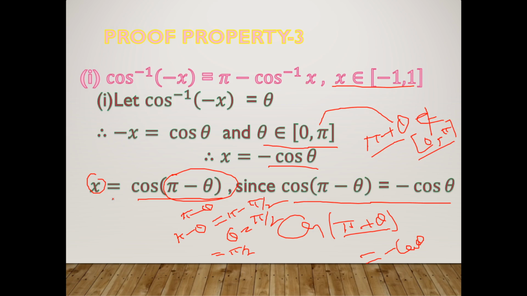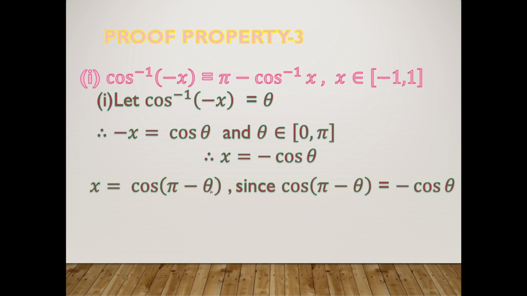Now this function is invertible. We can take the inverse for this angle, right? So what we have concluded here is that pi minus theta belongs to 0 to pi, the principal range of cos inverse x for these values of x, because this is the domain of the cos inverse function.